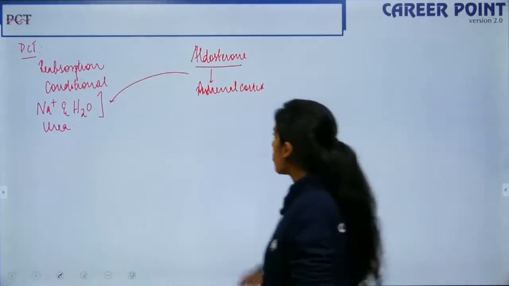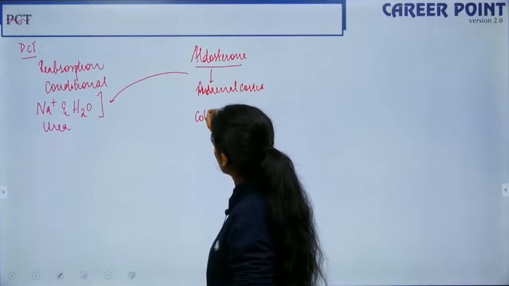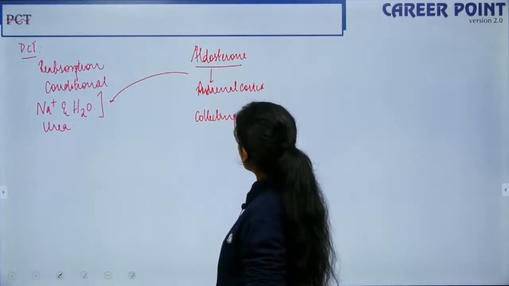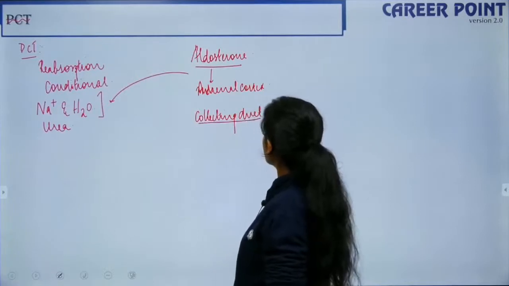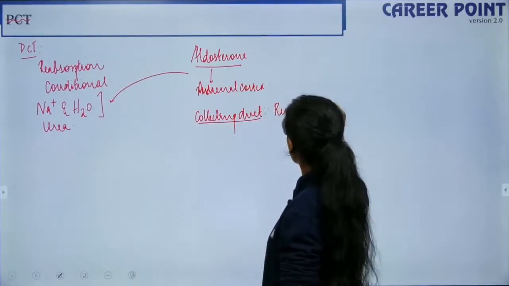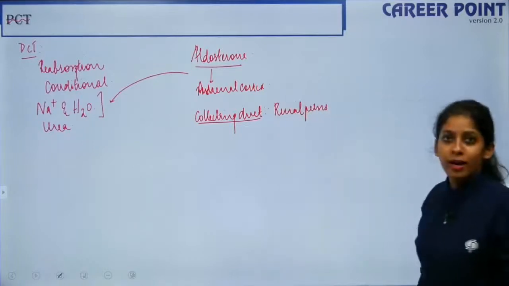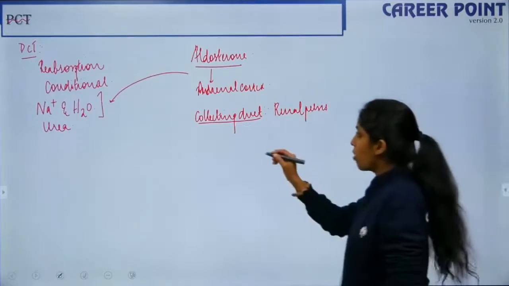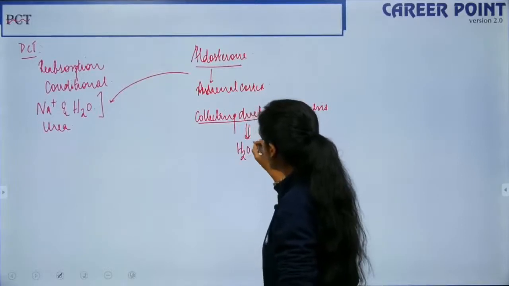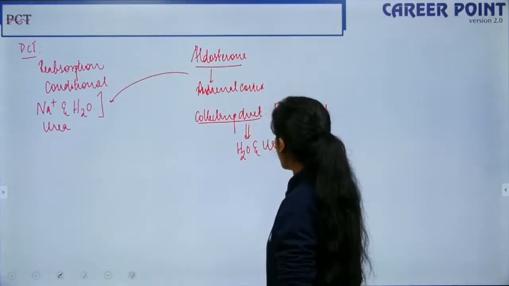So this is your function of your DCT, right. The next one is the function of your collecting duct. So the last one, collecting duct opens into renal pelvis, right, through your medullary pyramids. So now collecting duct reabsorbs water and urea to a larger extent.